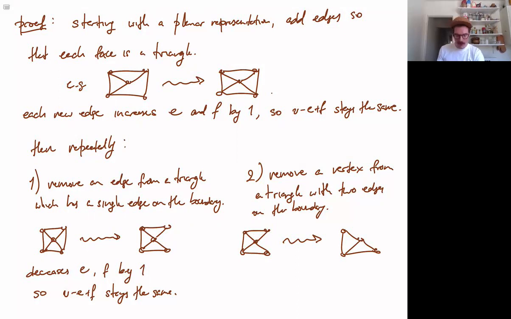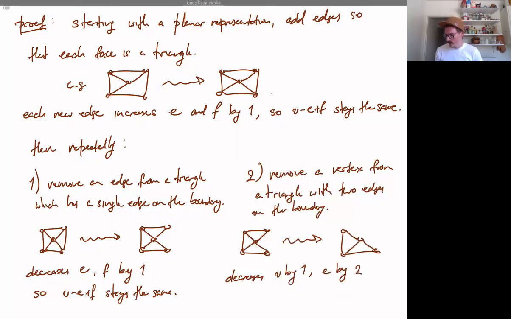And what happens when we do this? It decreases the number of vertices by 1 because we deleted a vertex. It decreases the number of edges by 2 because, since this is a triangle with two edges on the boundary, there are two edges that are going to disappear when we delete this vertex.